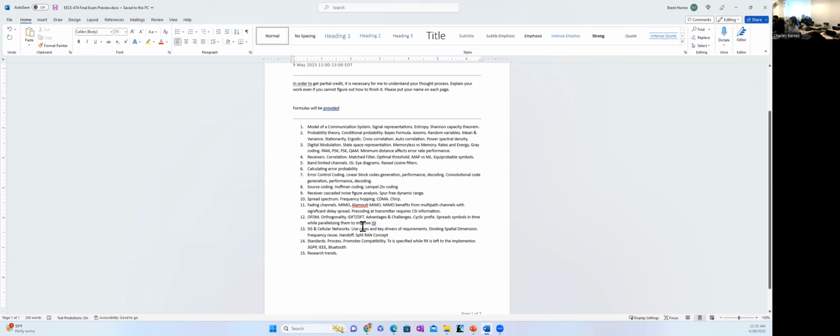I'd like you to understand the three use cases I put out there and the key drivers of some of the requirements in 5G. Maybe I'll ask you to name two or describe two out of the ones I list, or something like that. I don't know.